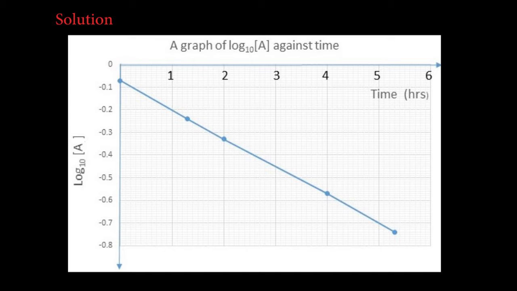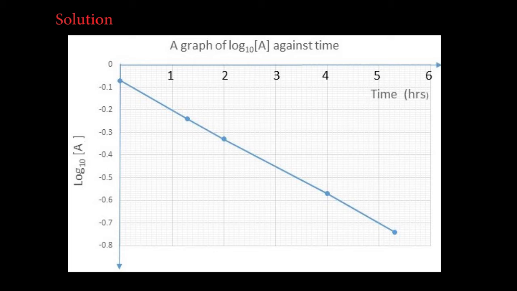Your graph should have a shape like this. Make sure it has got a title: a graph of log concentration A against t. The vertical axis is labeled log to base 10 concentration A, and the horizontal axis is labeled time in hours.